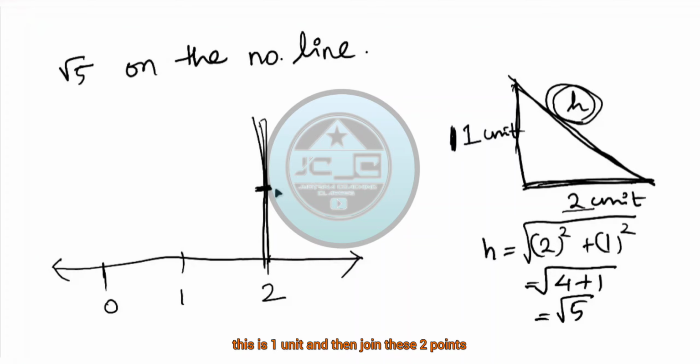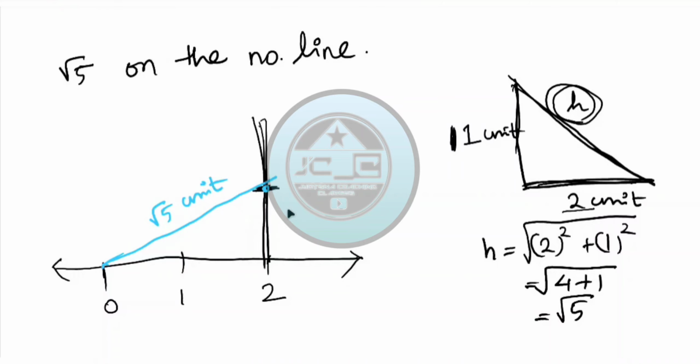Then join these two points together and you certainly have this as root 5 unit. Let's mark it: this is A, this is B, and you mark this with your round compass.